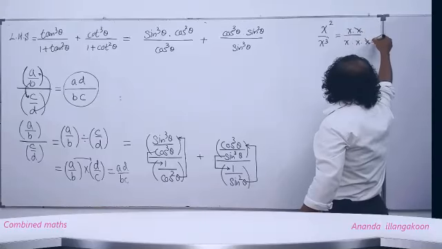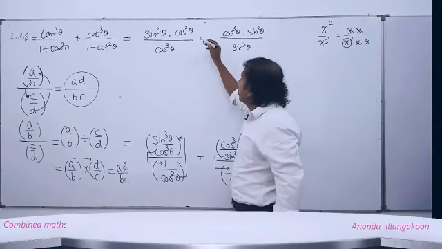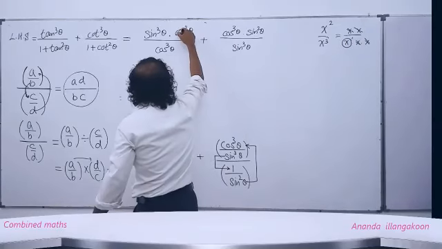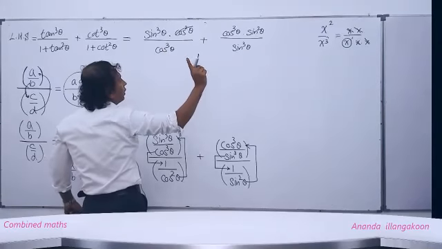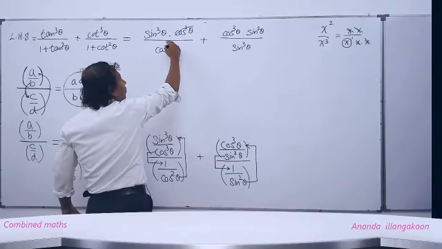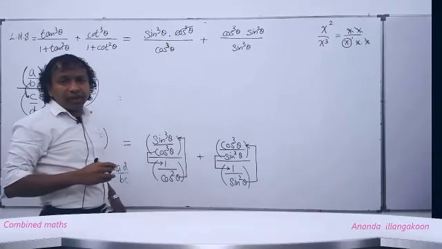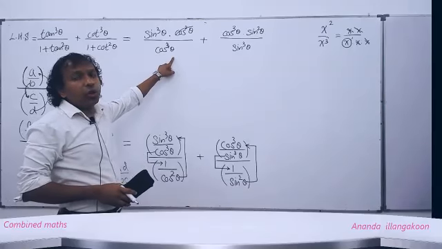We can cancel down two x's and we get only 1 x. Like that here, cancelling this whole cos squared theta with this cos cube theta, another cos theta term should remain, no? Then we cancel down this 3. Then automatically the required cos theta term will remain at the denominator.